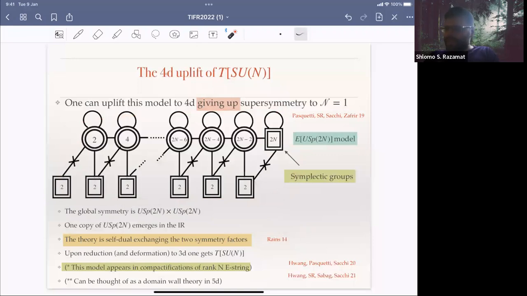And actually, this type of theory can also be understood by matching anomalies and other protected properties to compactifications of a 6D theory. This theory you obtain if you compactify a higher rank E-string theory, another type of family of 6D theories, on a two-punctured sphere.